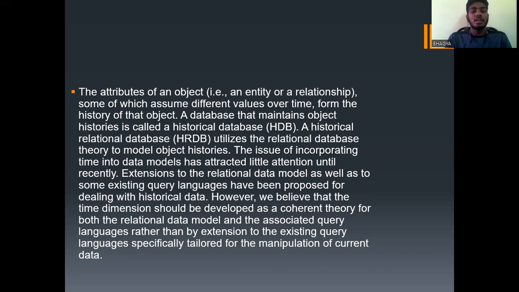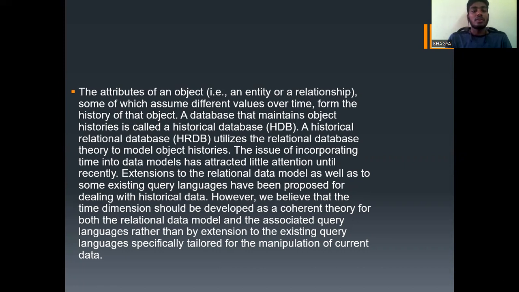A database that maintains object histories is called a historical database, HDB. A historical relational database, HRDB, utilizes relational database theory to model object histories.